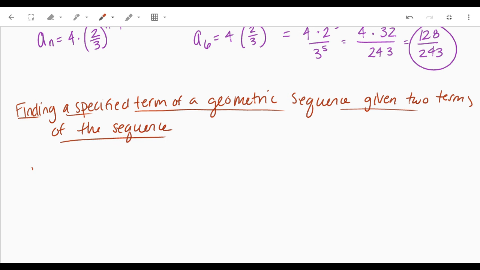Okay, so in this one, they tell you that the 10th term is 19 over 16. The 13th term is 76. We want to find the 15th term. Okay, so we can figure out to get from 10 to 13, we had to multiply by that ratio 3 times.